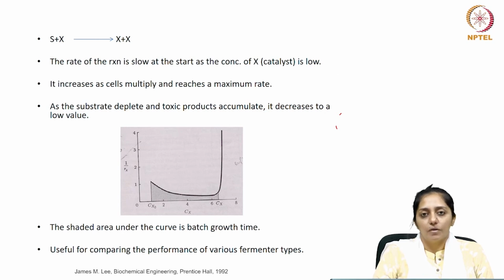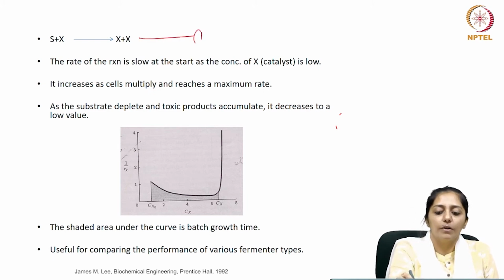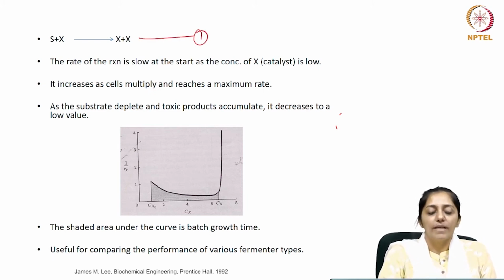Now, biological reactions or cell formation in a reactor is termed an autocatalytic reaction, where the biomass is said to be catalyzing further production of the biomass, as shown in the equation on top. S stands for substrate. So S is combining with the biomass, which means the biomass is consuming the substrate and producing more biomass.